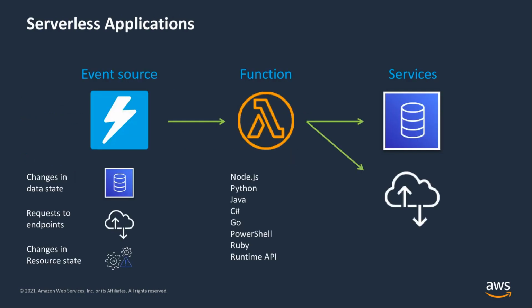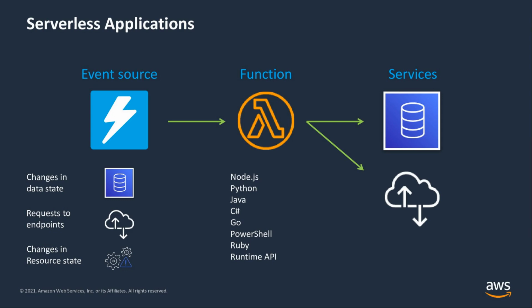So Lambda, again, our on-demand compute service, runs custom code in response to events. Most AWS services will generate events, and many can act as an event source for Lambda. Within Lambda, your code is stored in a code deployment package, and all interaction with the code occurs through the Lambda API.